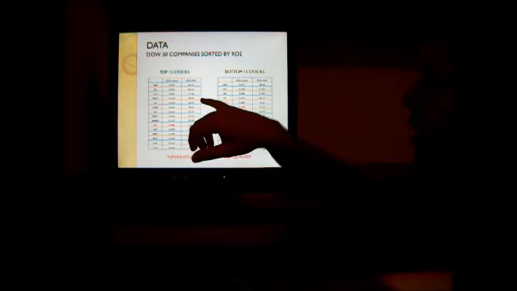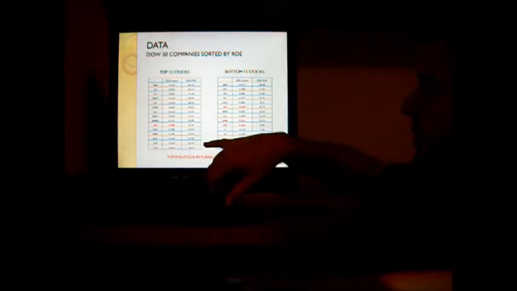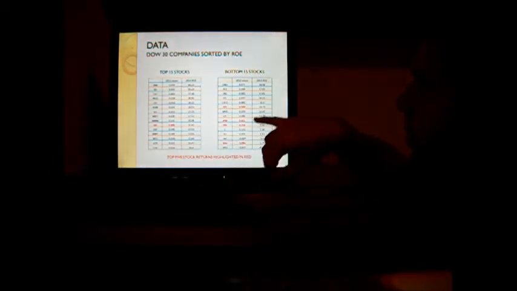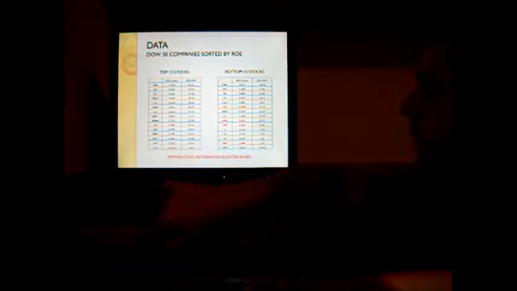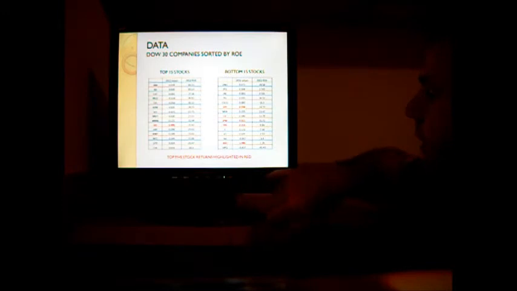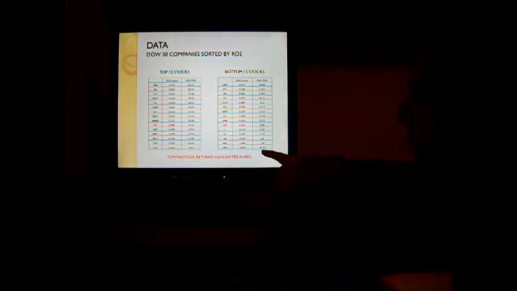For the Dow 30 companies, I sorted all the companies by their 2012 ROE, and I have them in two columns here: the top 15 stocks sorted by ROE and the bottom 15 stocks sorted by ROE, with their corresponding 2012 return. IBM had the top ROE for 2012, with Hewlett Packard at the bottom.